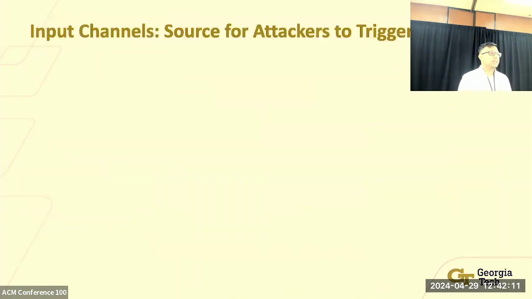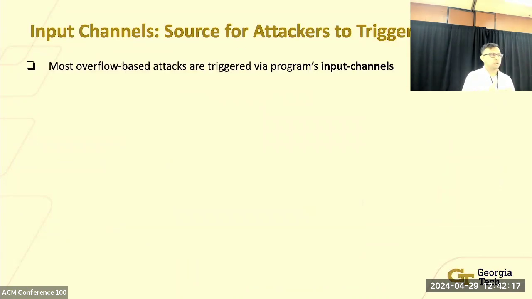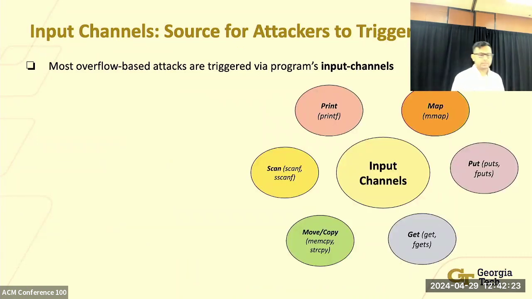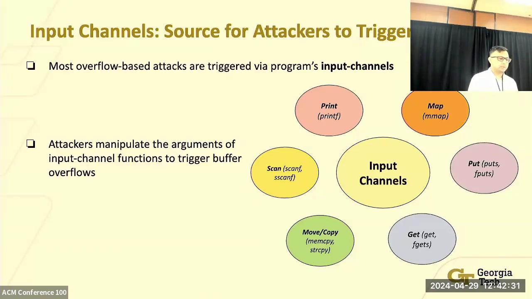So how do you figure out what kinds of variables we care about relocating? We define a thing called input channels. Basically, most overflow attacks are triggered through program input channels. These are typically memory-vulnerable functions. We define six types: prints, maps, scans, puts, gets, moves, and copies. So memcpy, scanf, fgets. Attackers will manipulate the arguments of these input channel functions to trigger buffer overflows.